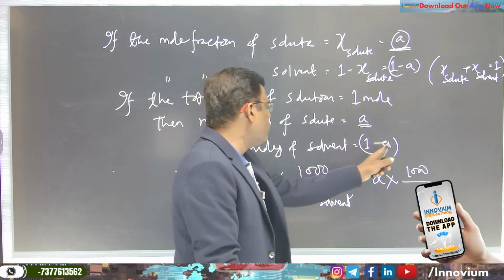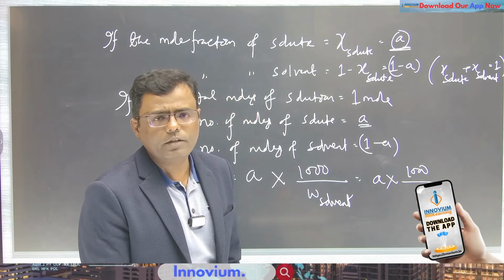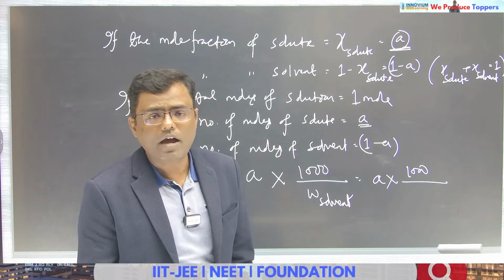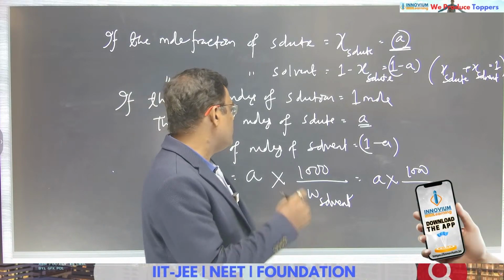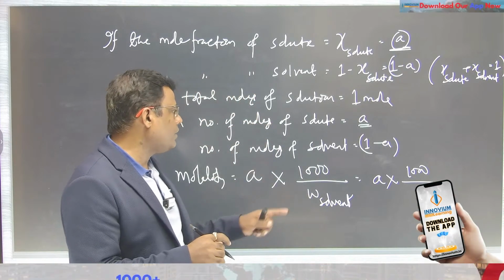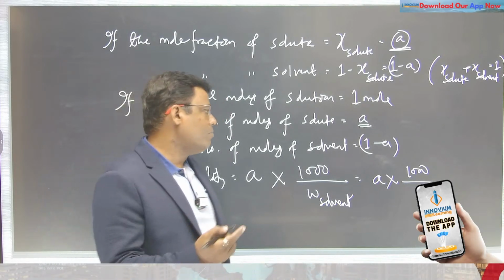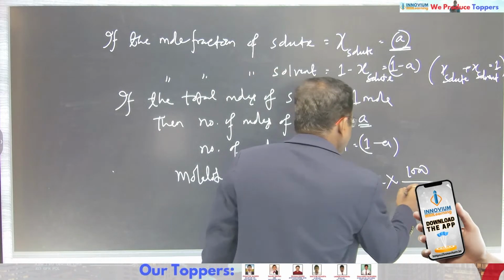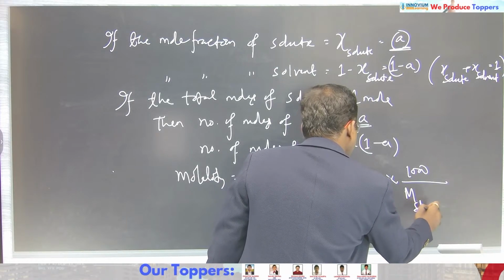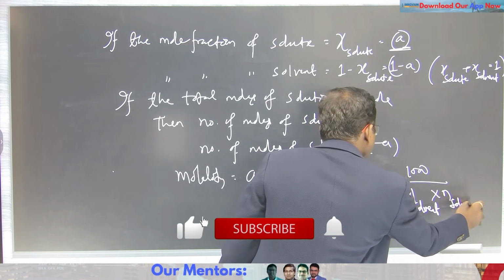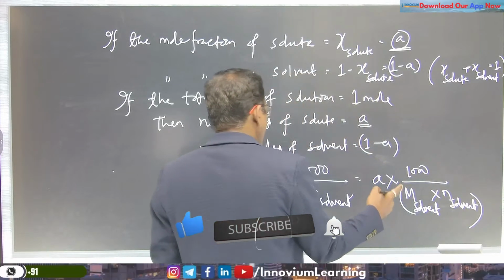You see, the moles of solvent is known to us. If the moles of solvent is known to us, easily we can calculate the mass of solvent, because molar mass multiplied with moles gives you the mass of the solvent. So here, molar mass of solvent multiplied with number of moles of solvent gives us the mass of solvent.